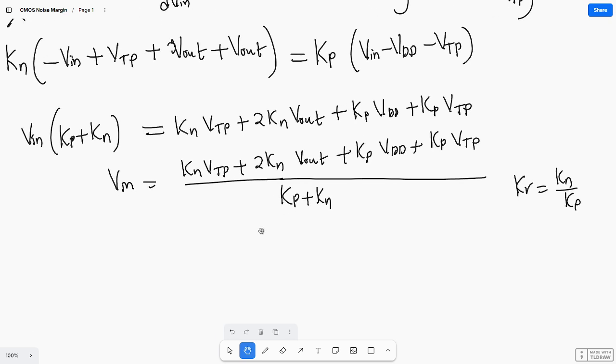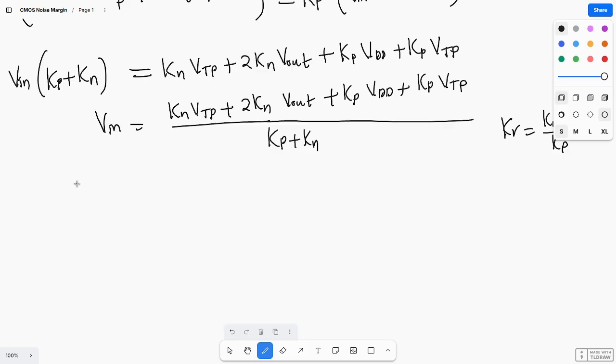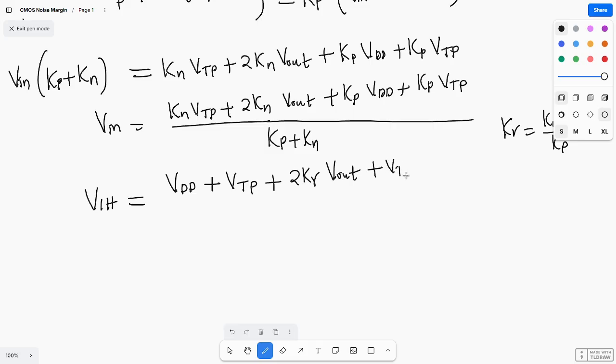Taking Kp common in the numerator and denominator, VIH equals (VDD plus VTP plus 2 Kr V out plus Kr Vtn) divided by (1 plus Kr). Kn by Kp means Kr. So this is my VIH.